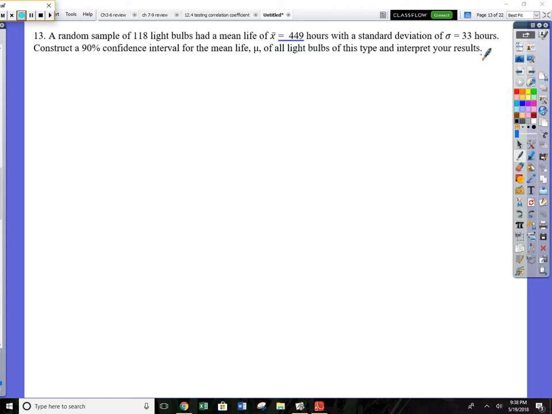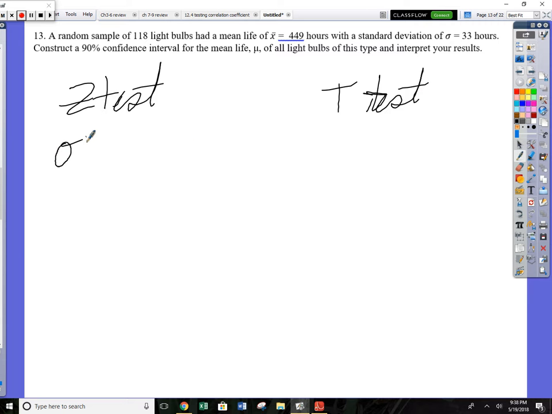Okay, so this is kind of tricky. Now, the big question is, are we going to use a z-test or a t-test? You use a z-test when you know sigma, which is the population standard deviation.